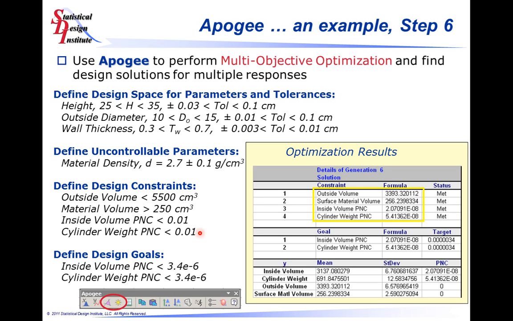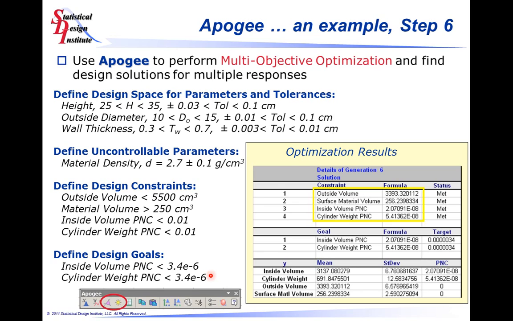Now then, furthermore, even though our basic requirement is only one defect out of 100, we really would like to have a Six Sigma level design, which is possibly 3.4 defects per million against this inside volume characteristic and the cylinder weight characteristic.